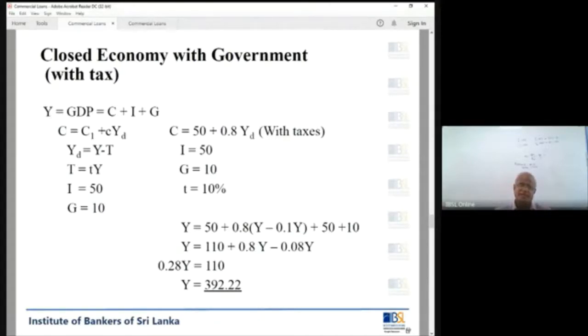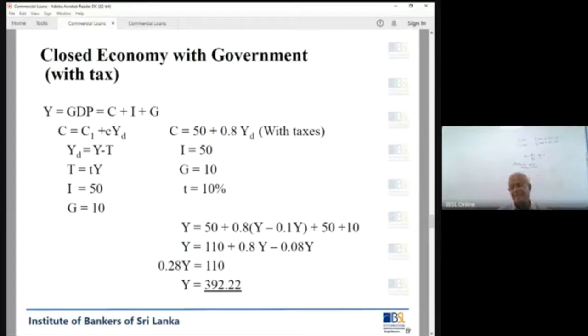You calculate the taxable income. In most cases, government gives tax relief. Let's say your annual income is 1 million, 10 lakhs, and the first 100,000, 1 lakh, is exempted.